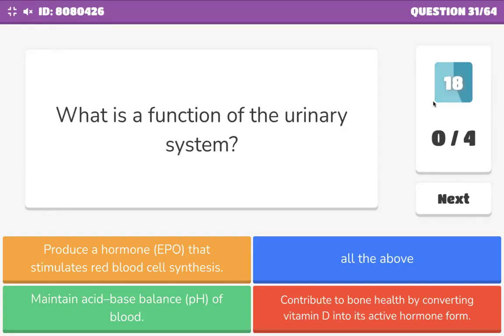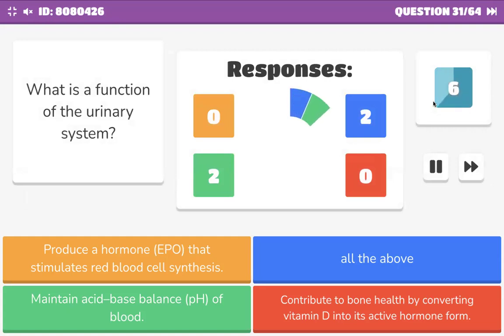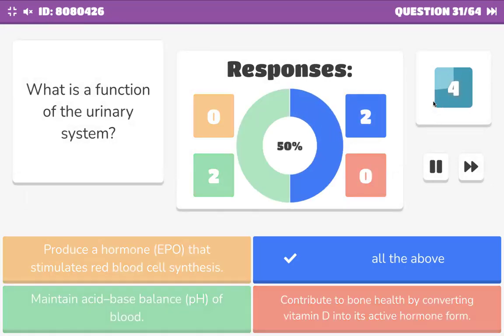What is the function of the urinary system? Of all the above.